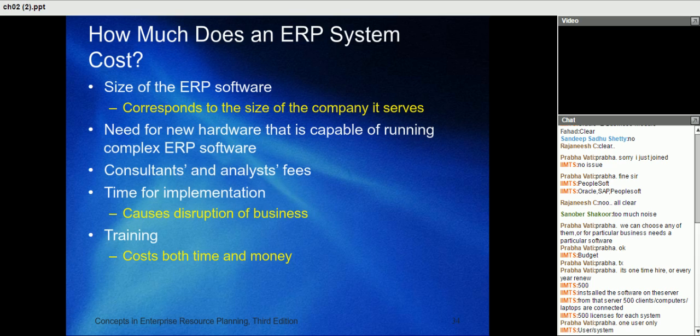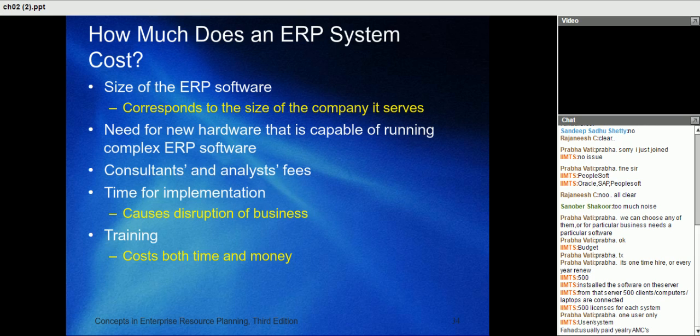Suppose I am a software company. Now Prabha is the owner of some finance company. Prabha comes to me and asks that she wants to purchase an ERP software. I say to Prabha that okay, I'll provide this particular software to you for 20 lakh Indian rupees, and you can have unlimited access.